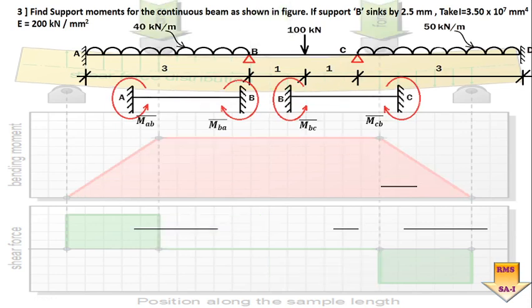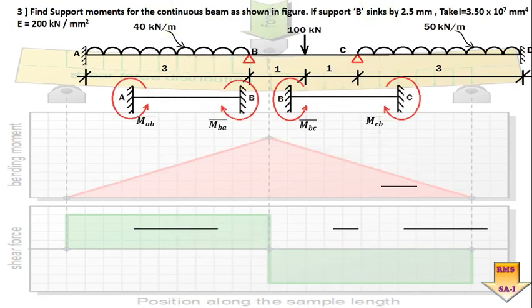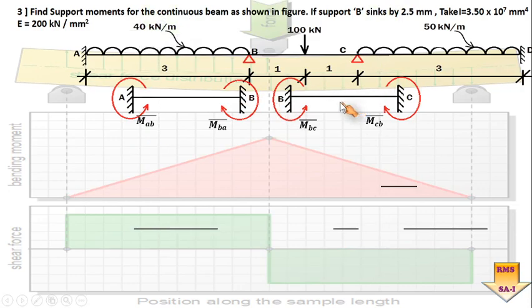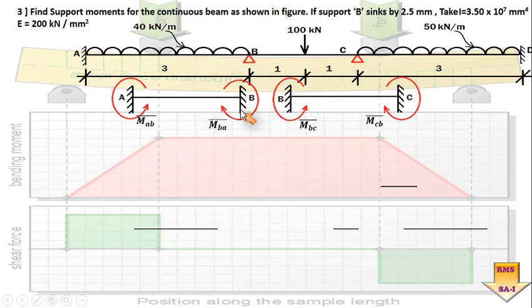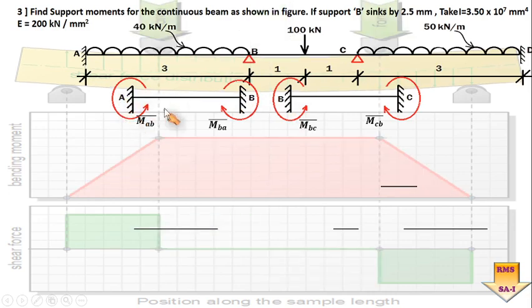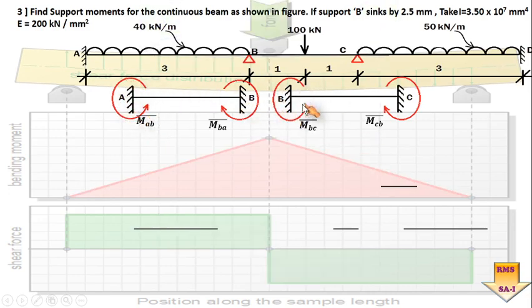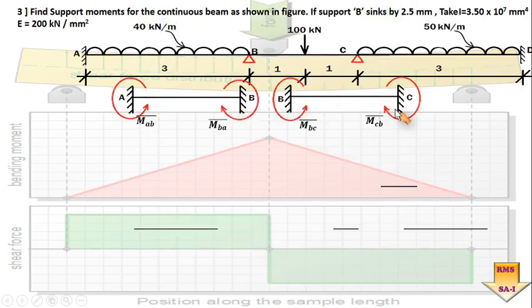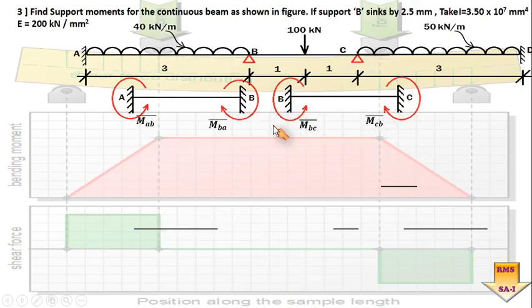So I have drawn the free body diagram of this particular joint B, where two members are meeting, BA and BC. I have drawn the spans individually. So this shows the fixed end moment about the joints of the AB and BC spans.